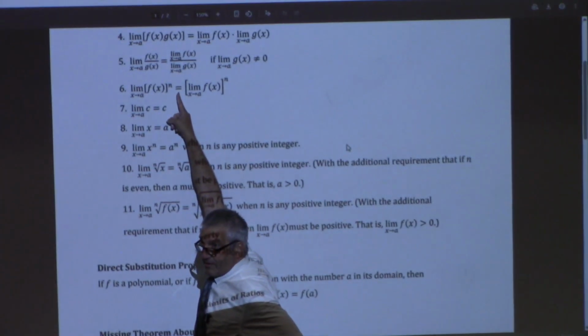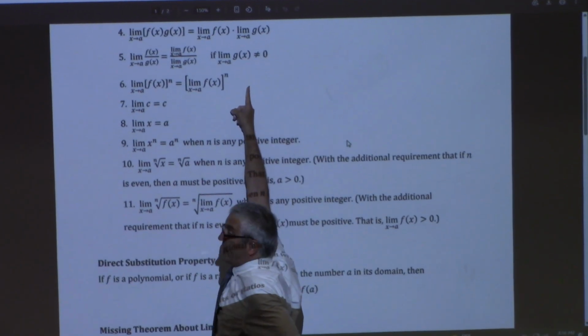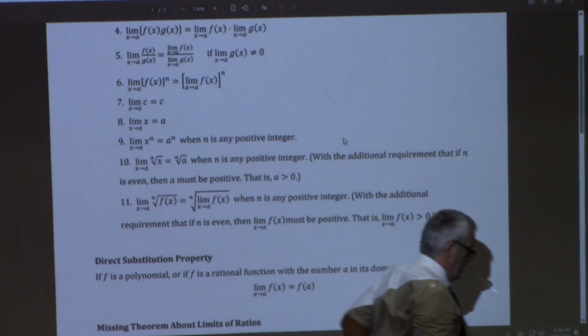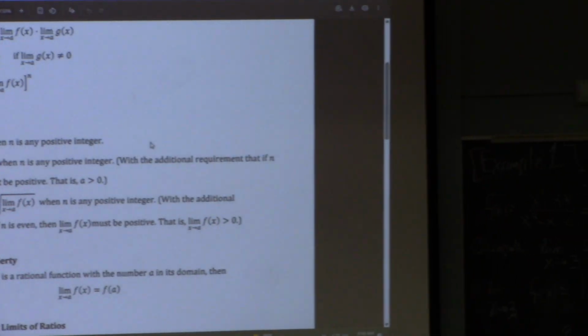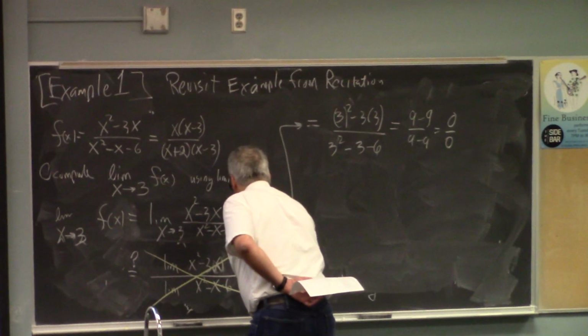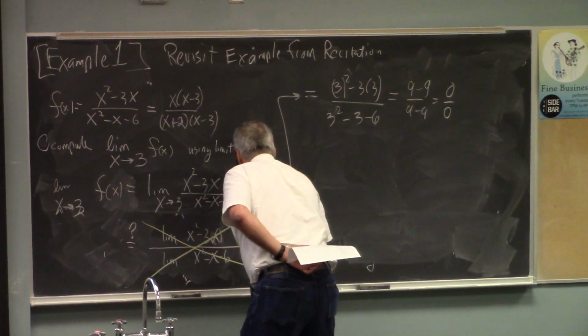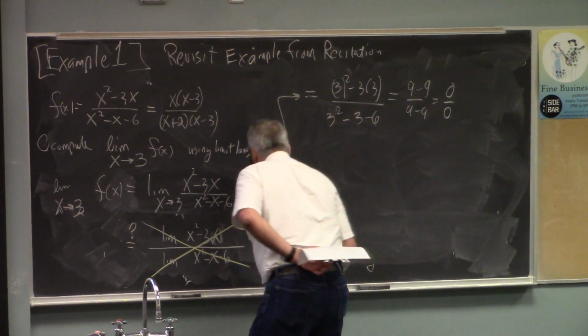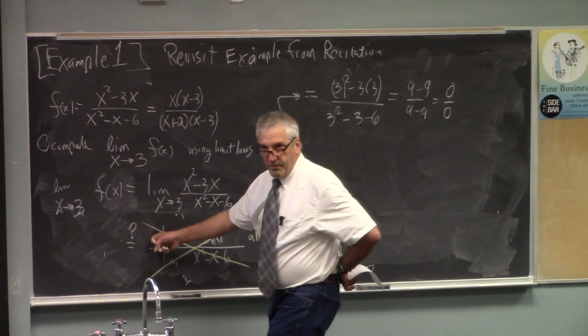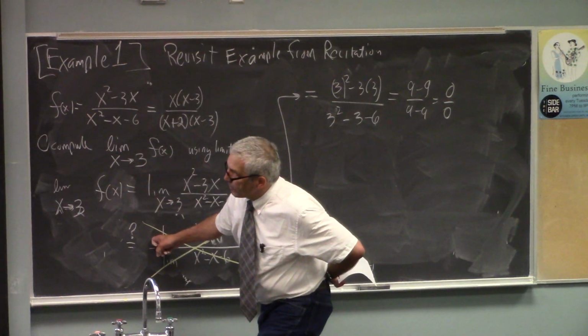If taking the limit of the numerator and denominator separately results in the denominator being 0, this means that this is not allowed. So we don't get to use limit law 5.